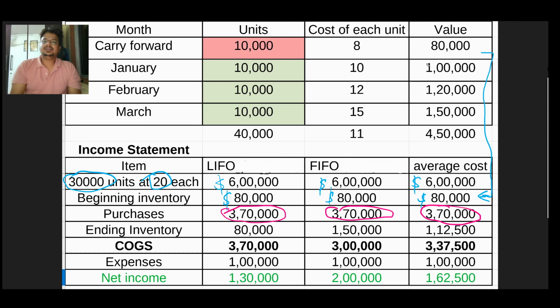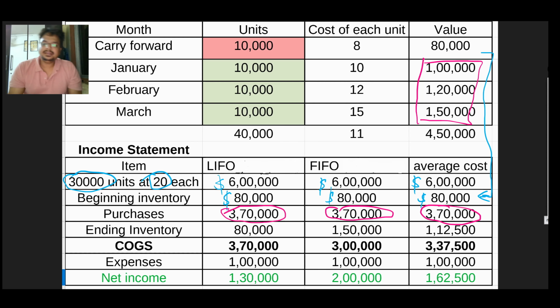This is nothing but the addition of these three values, which is the purchases we made. And the ending inventory for every method, be it LIFO, be it FIFO, and average cost, these are different.